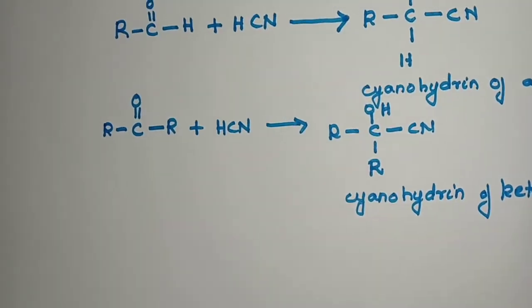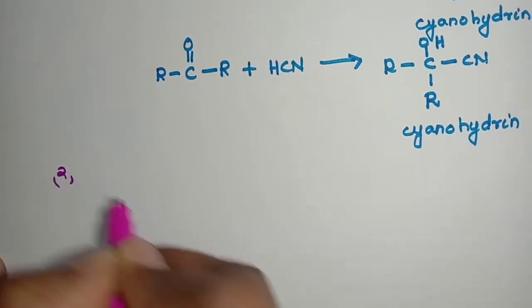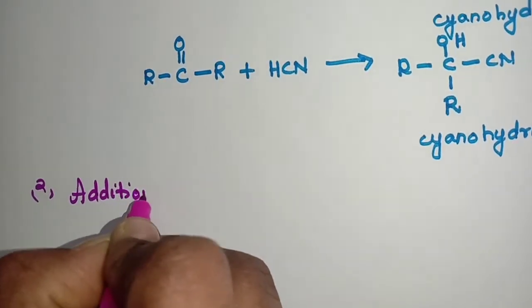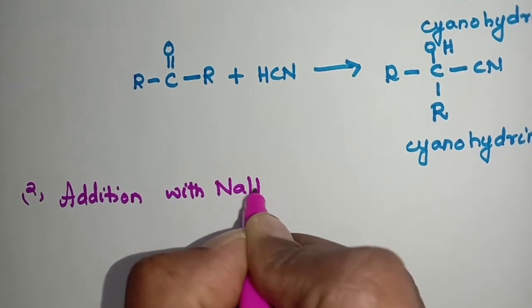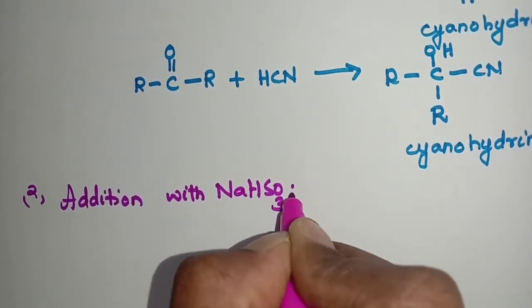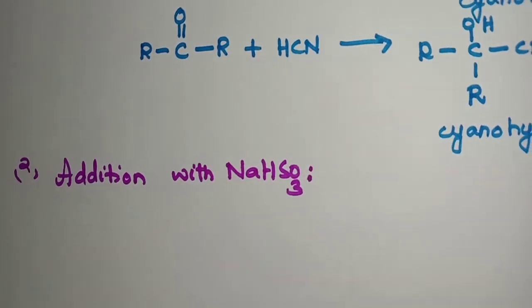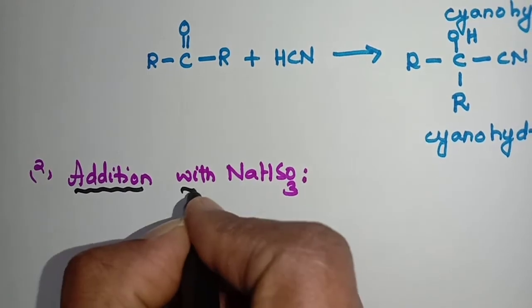Okay. Now second one is addition with NaHSO3 or reaction with NaHSO3. What is NaHSO3, students? Sodium bisulfite.